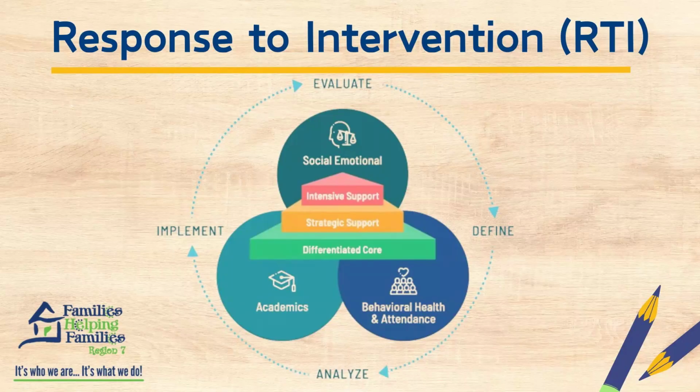Students who continue to show too little progress in Tier 1 and Tier 2 at this level of intervention are then considered for more intensive interventions as part of Tier 3. Tier 3 is your intensive interventions and comprehensive evaluation. At this level, students receive individualized, intensive interventions that target the student's skill deficits.